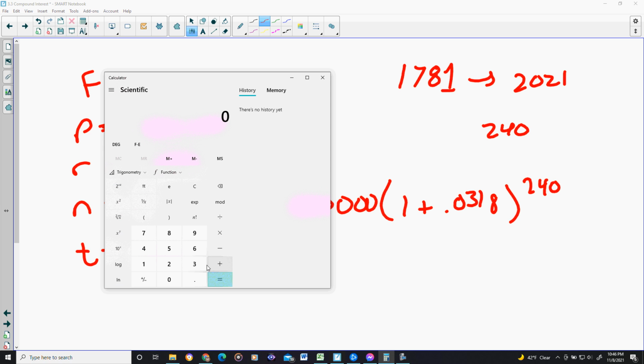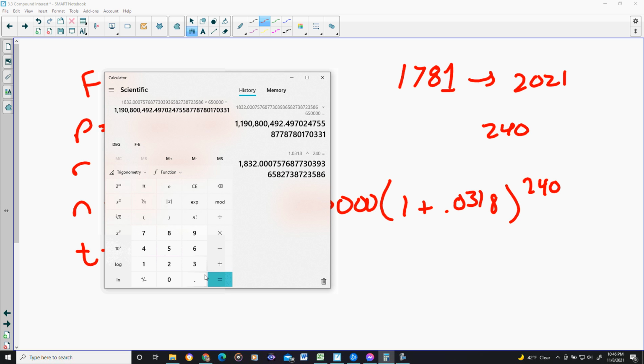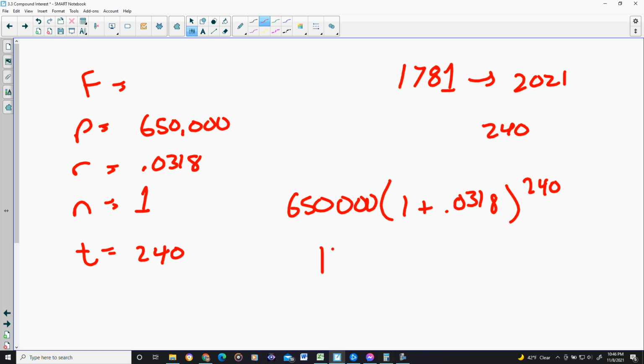So we're going to take 1.0318, and we're going to do exponent 240, and then we are going to multiply that by 650,000. That gives 1,190,800,492.